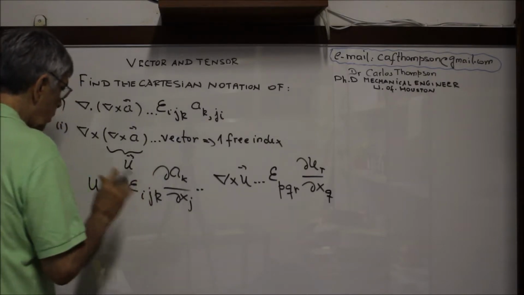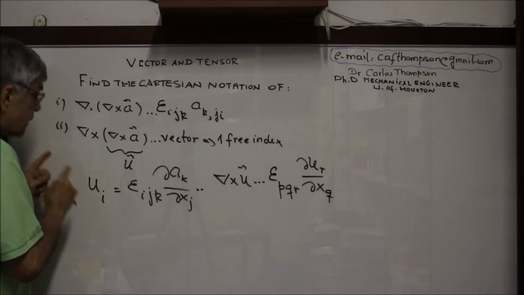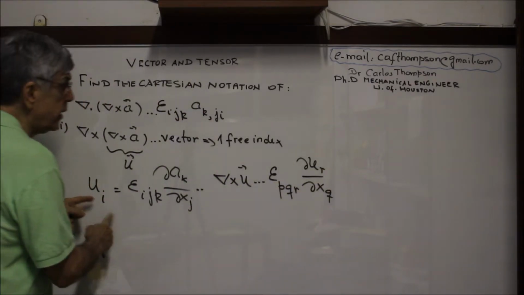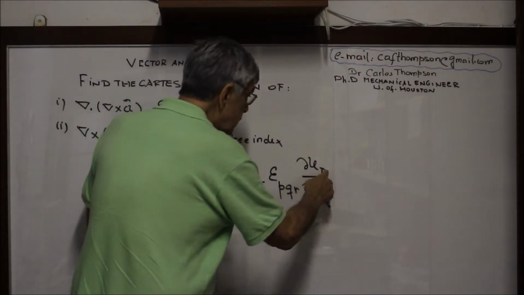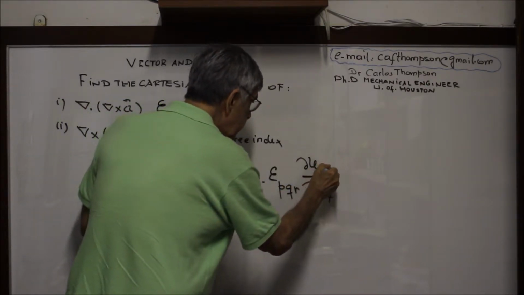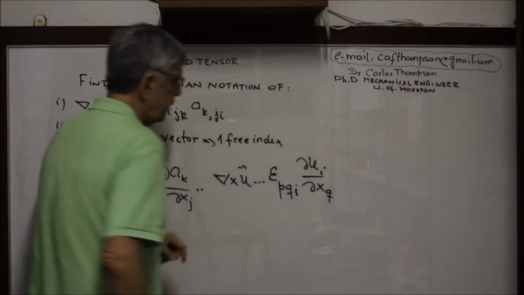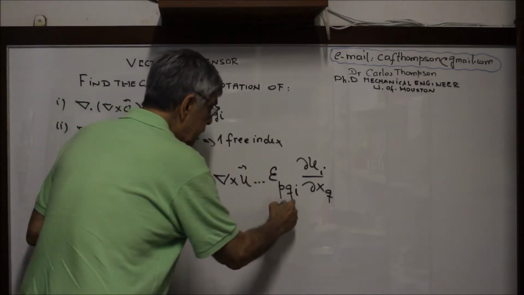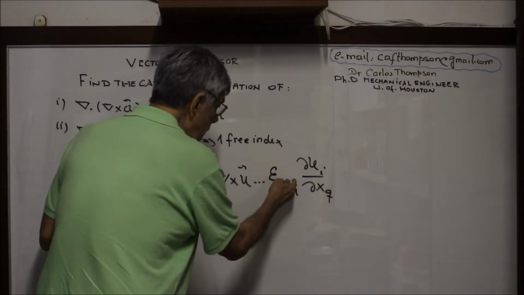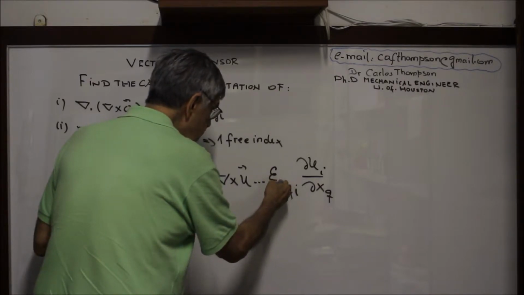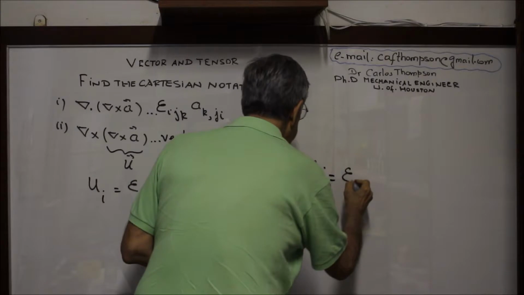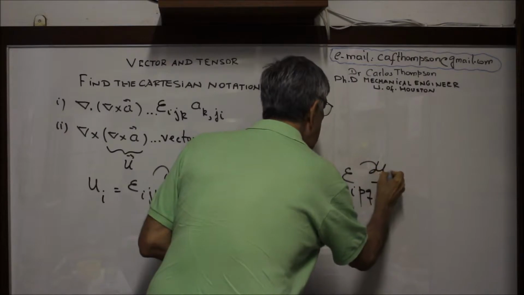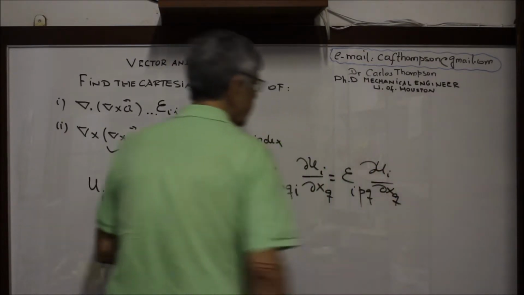Now I want to substitute U over here. Now this is U i, so I substitute this letter r by i here. And epsilon pqi is the same, you see? I move once and twice. This is equal epsilon ipq, partial of U i with respect to x q.